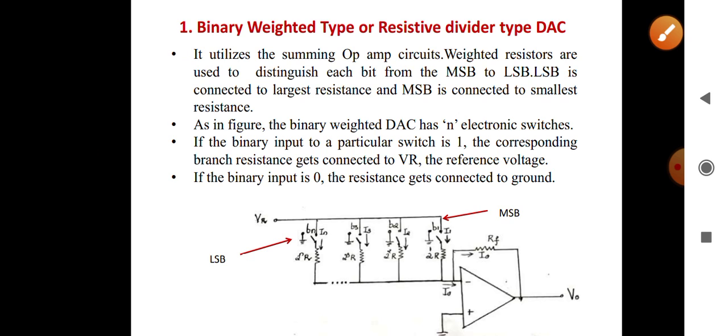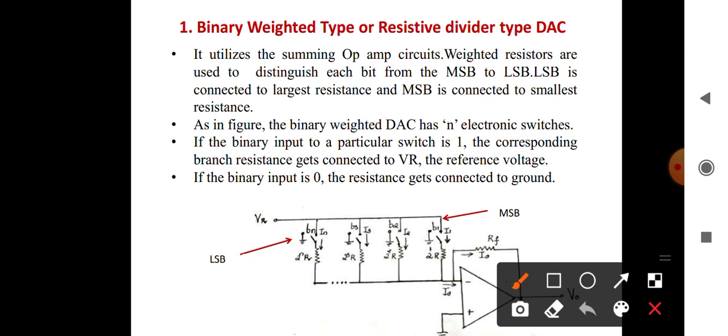so if the binary input is 0, the resistance gets connected to the ground and does not get connected to the negative. So if it is 0, what happens? It gets connected to the ground.